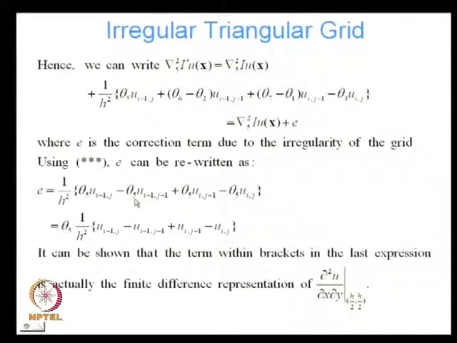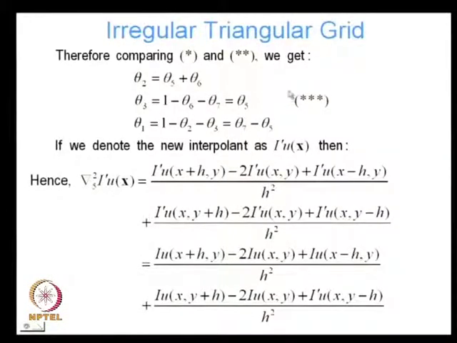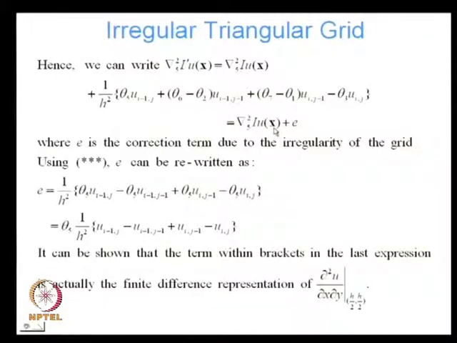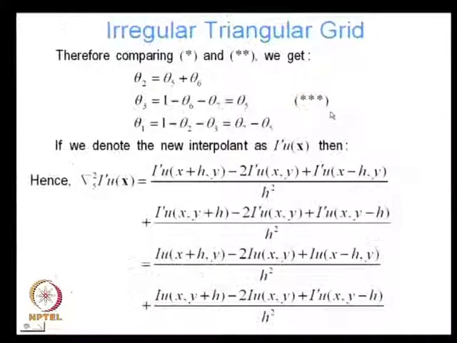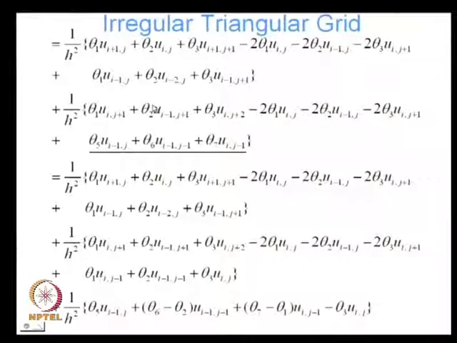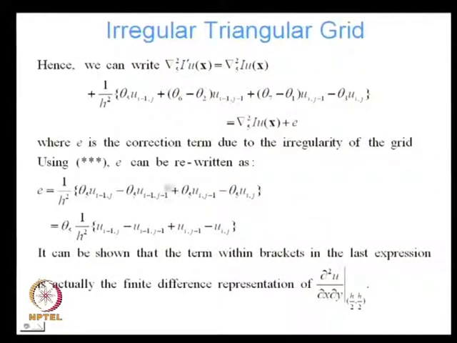Then I have theta 7 minus theta 1, which I can write using this expression, theta 7 minus theta 1 equal to theta 5, so that I can write as theta 5 u i j minus 1, right. Then I have theta 3, which I can write straight away as theta 5. So, I can get everything in terms of theta 5 and u minus 1 j and so on. Then I pull out theta 5 and I am left with that term, right.